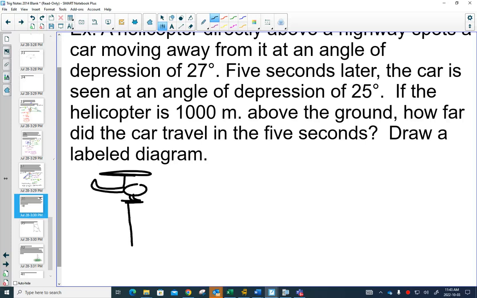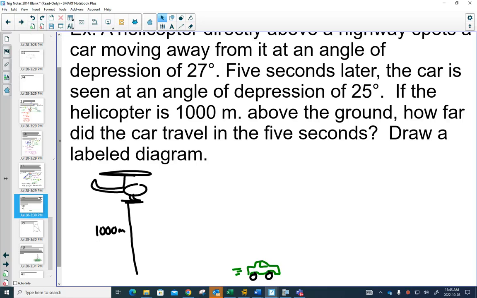Okay, we got a helicopter 1,000 meters above the ground. So this is the label. We've got a car that's moving away from the helicopter. Looks like a truck.